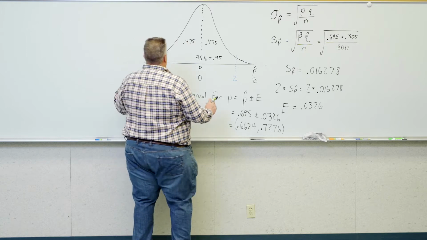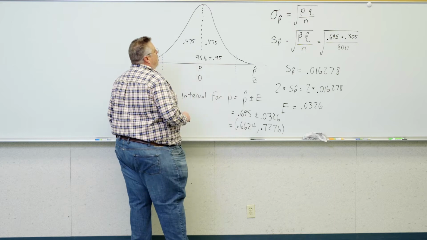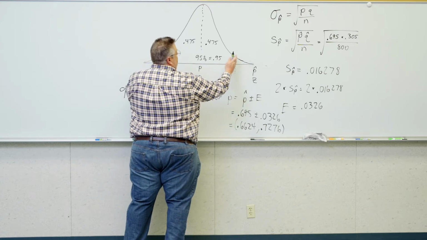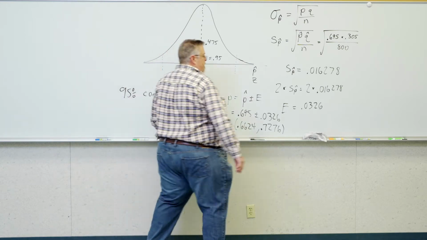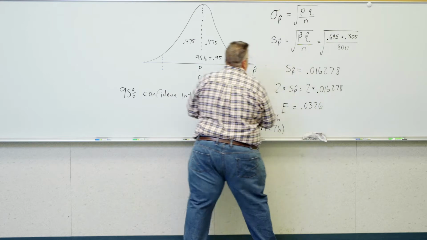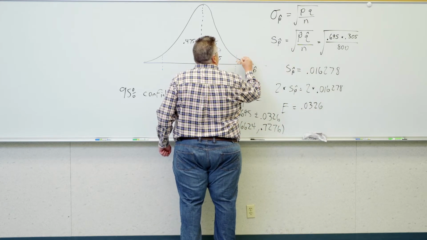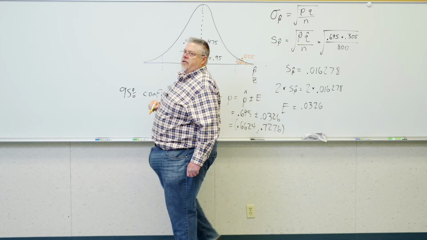Also, if I've got 95% in the middle, and those 2's are not quite correct anymore, I've got 5% being shared between these 2 tails, which means I've got 2.5% in that tail. Is the orange showing up okay?